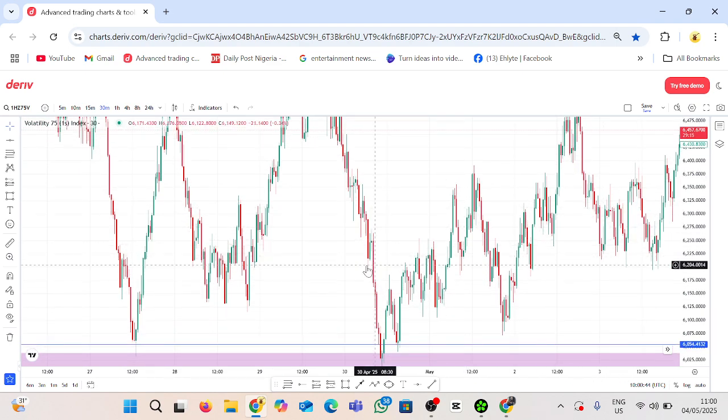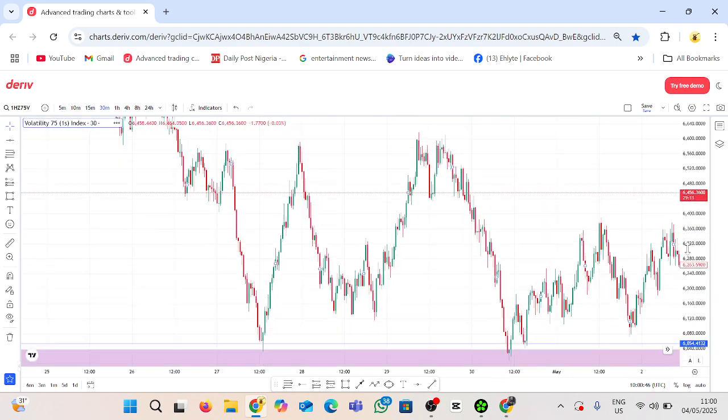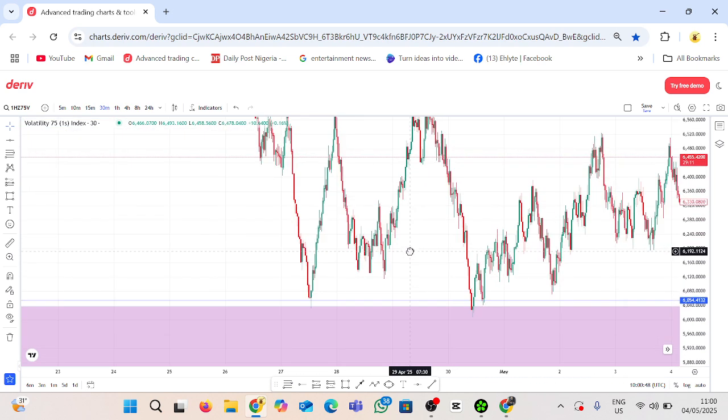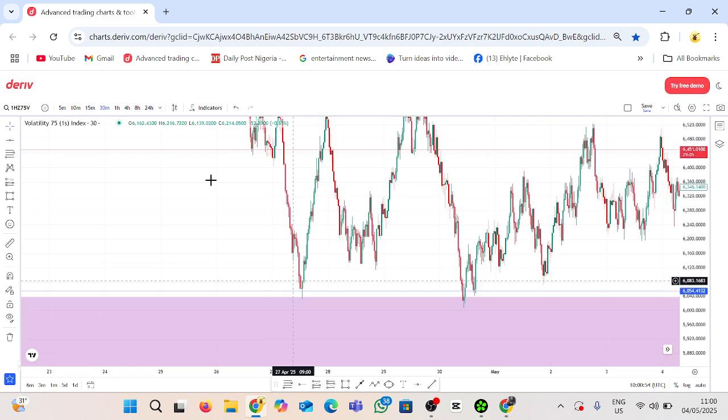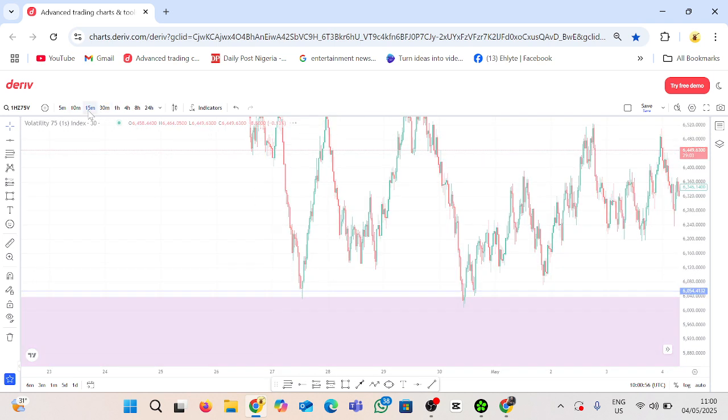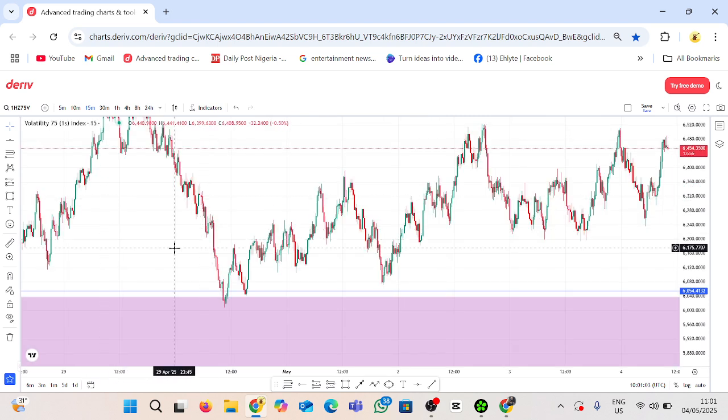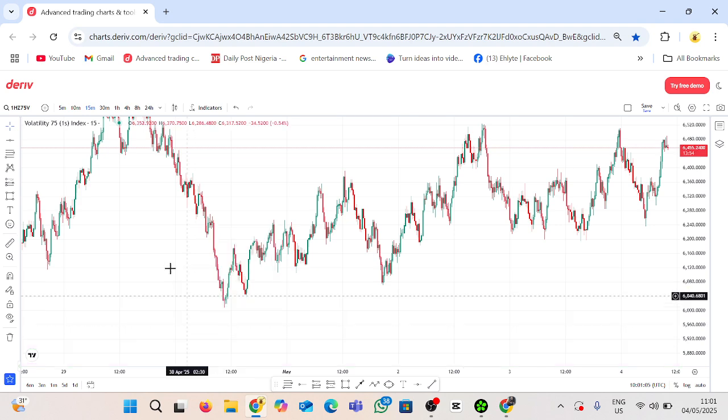After coming to my 30 minutes time frame, I saw this. This is a sweep of liquidity. If you scale down to the 15 minutes time frame, you will be able to see clearly that there is a sweep in that place. Remember, we have left the 4 hour and daily time frames now.